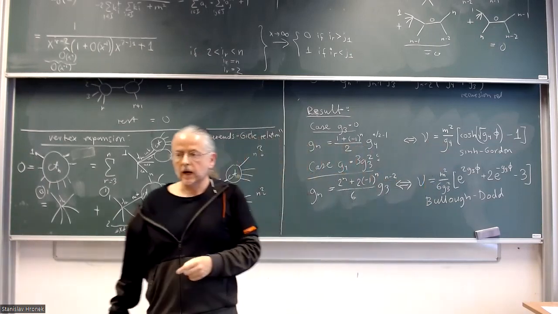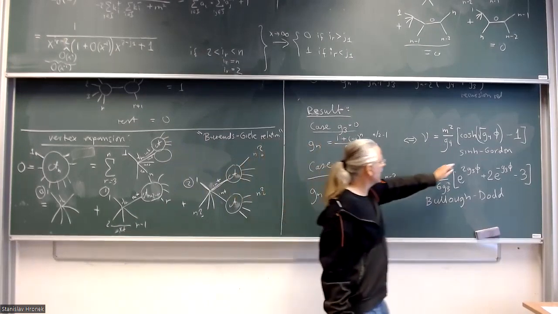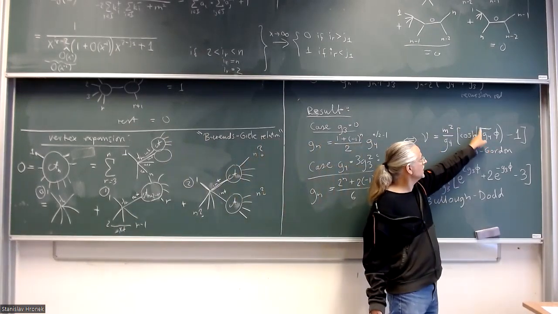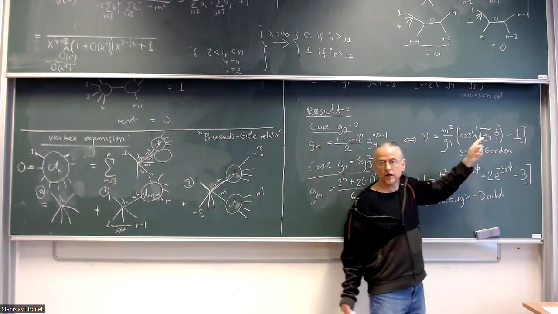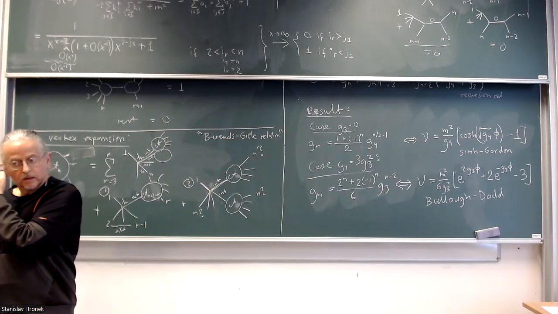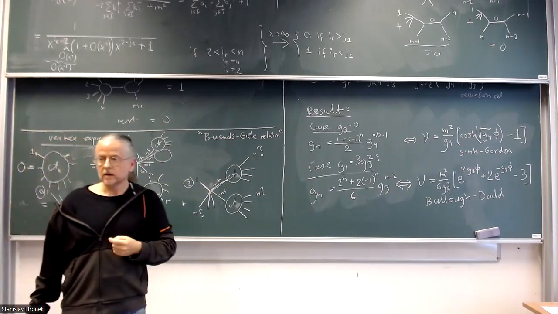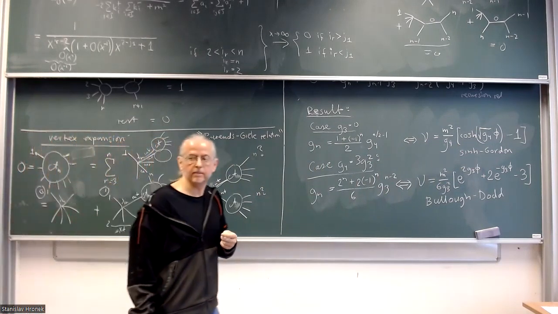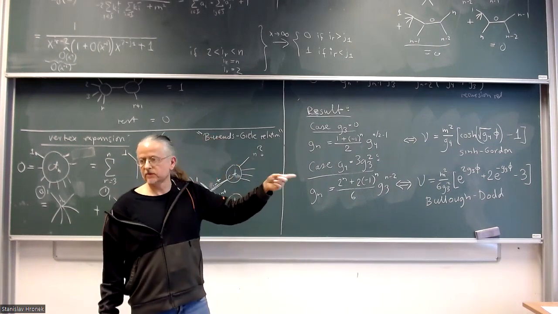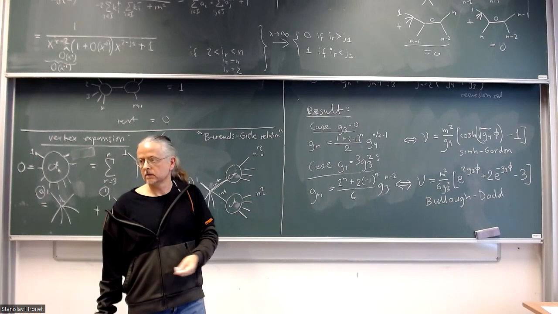The point is that if you put G4 to be negative, then this becomes imaginary, and then the hyperbolic cosine becomes cosine. All this works because it's conservative. You can think of them as complex coupling constants.